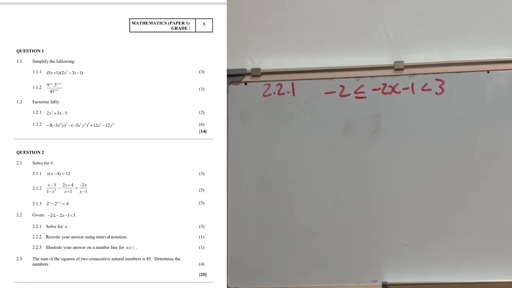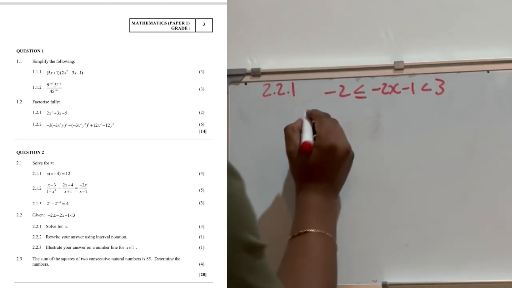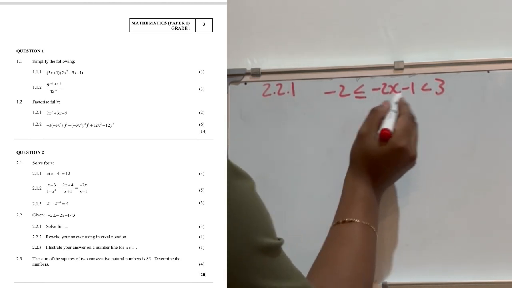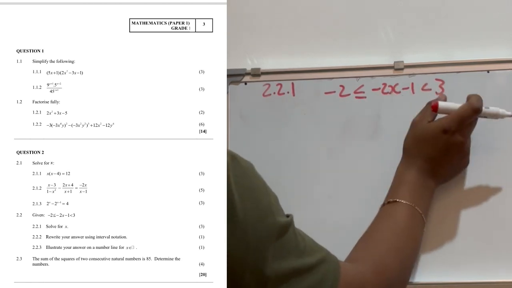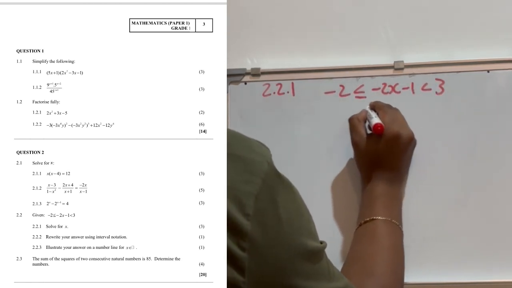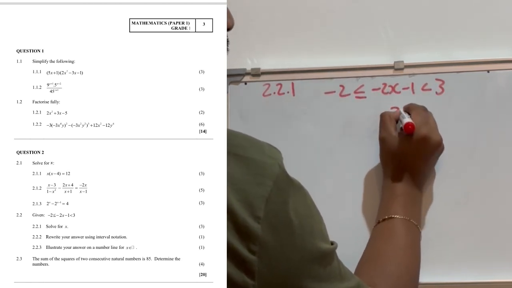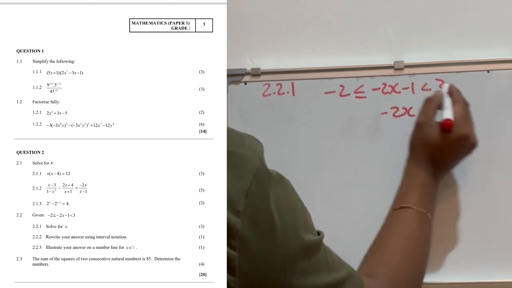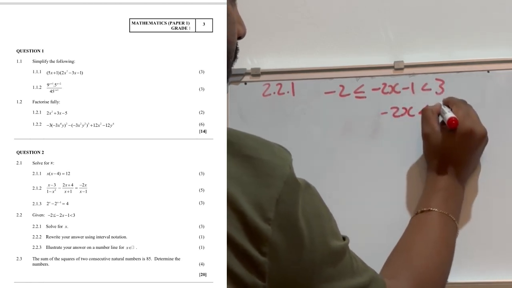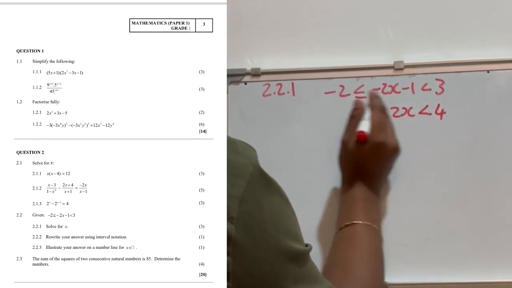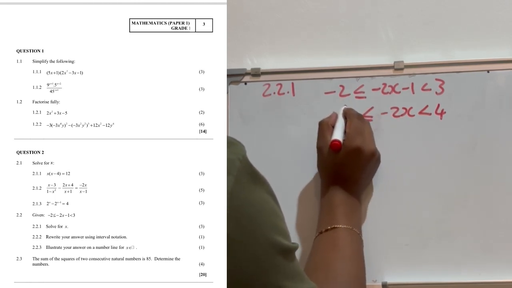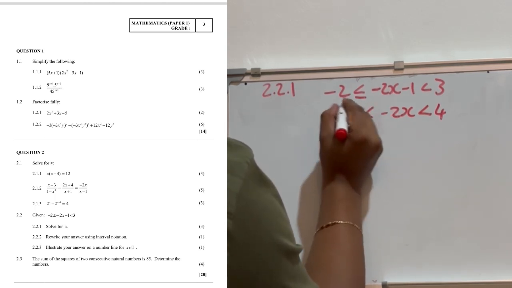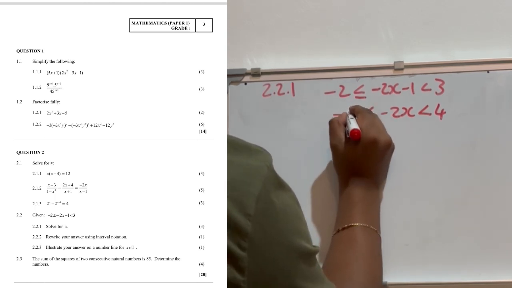Okay, so the first question is solve for x. The way we solve x here, we will say everything you do in the middle, you're going to do on the sides. So we're going to say minus 2x, we're going to take 1 over, so it becomes plus. So 3 plus 1 is 4. And then minus 2 plus 1 is minus 1.